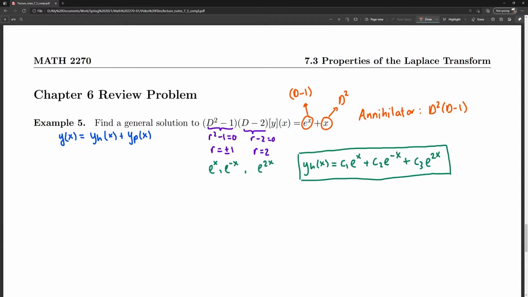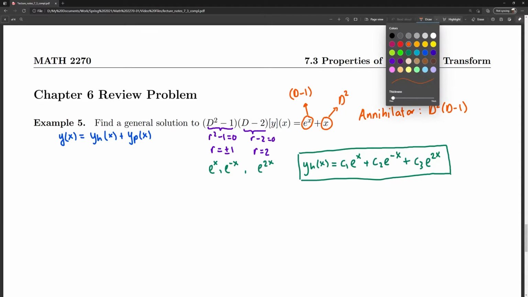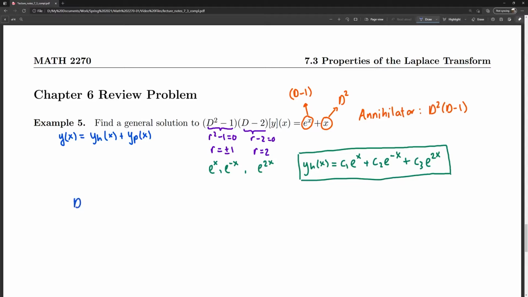So let's write out our original differential equation. So that is D squared minus 1. I'm going to factor that as D minus 1 times D plus 1 and times D minus 2 of y equals e to the power x plus x.